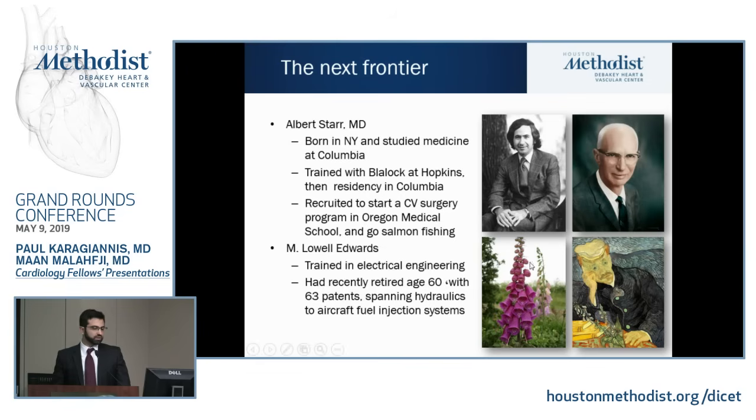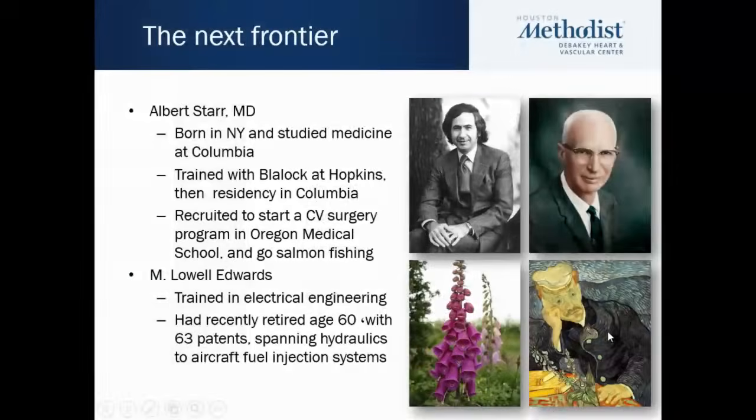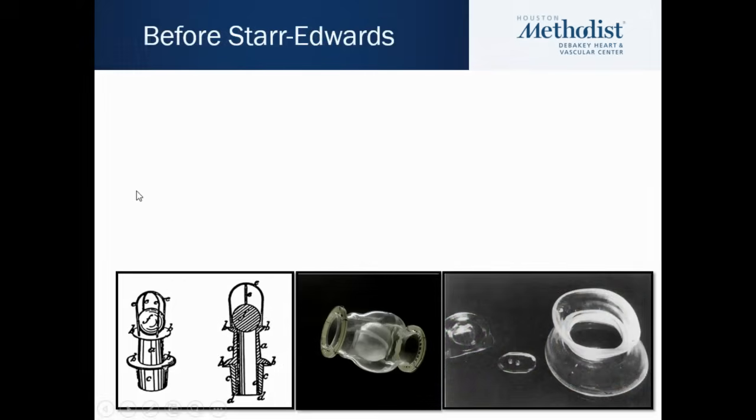We had digoxin. And this is Van Gogh, who was reportedly on digoxin. This is his portrait of his own physician. And people say that he used a lot of yellow because he had dig toxicity. And these two people with very different experiences came together and combined their expertise to try to create a valve.